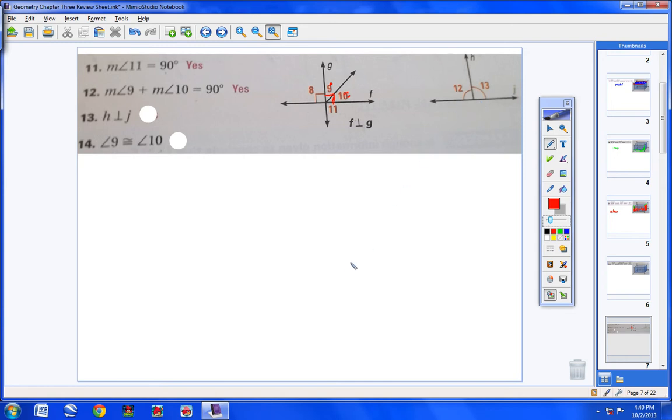For example, if I have a straight line like this and a line coming off of it, I know that this angle here with 1 dot and this angle here with 2 dots is going to add up to 180. Anytime you have a straight line, the whole straight angle is going to be 180 degrees, always.